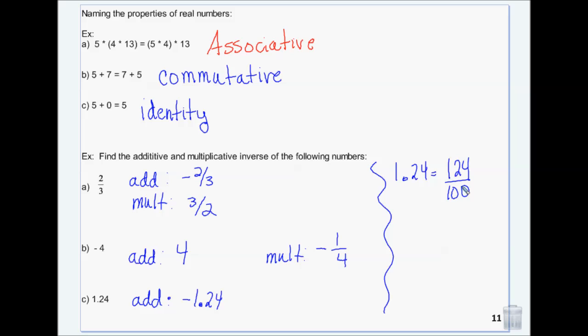The number of decimal places you have tells you how many zeros. So 2 decimal places, 2 zeros, and then I can reduce this, and it reduces to 62 over 50, which then reduces to 31 over 25. So my multiplicative is 25 over 31.